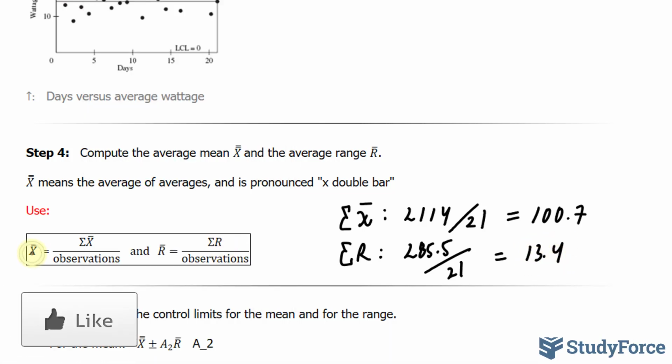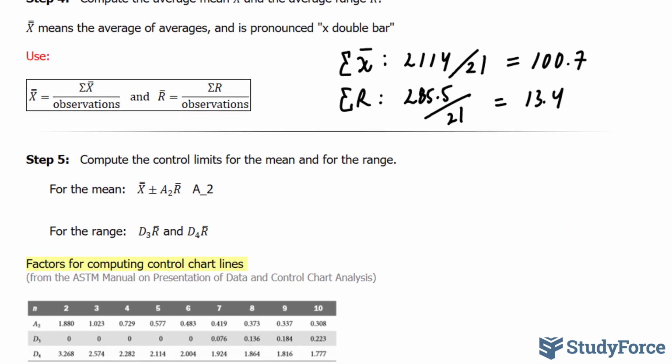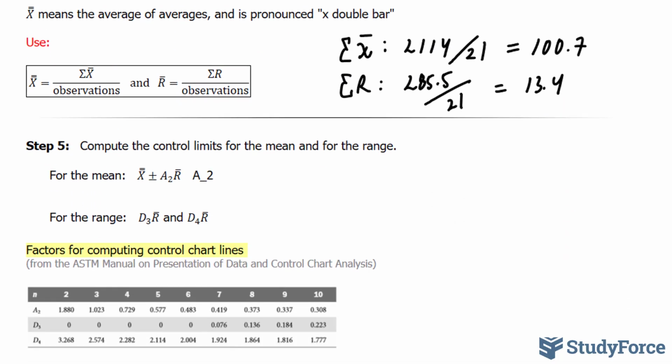And there's a reason why we're calculating these two, because in step 5, we need to compute the control limits, the upper and lower limit, for the mean and for the range. And we'll be doing this using these two formulas. The first of which is X double bar plus or minus a constant, A subscript 2, times the average range. While to find the limit for the range, we will use the following formula, where D subscript 3 times R bar and D subscript 4 times R bar will give us our lower and upper limit.